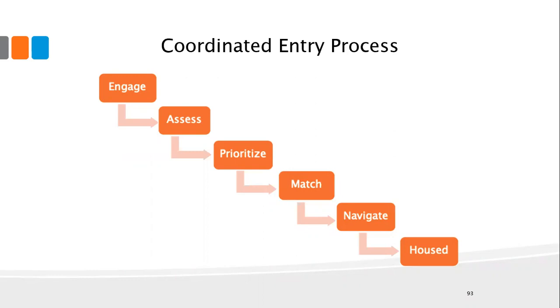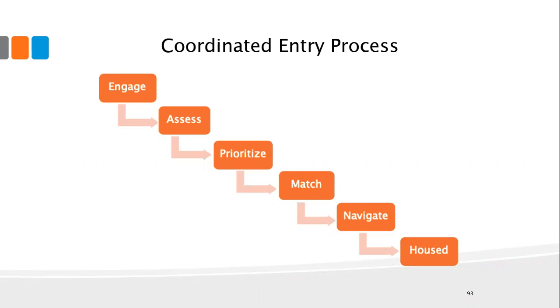The second step is where households complete the assessment. Households are then prioritized in our system based on the assessment results. Next, the households that are the highest priorities get matched to the most appropriate intervention based on need and availability.